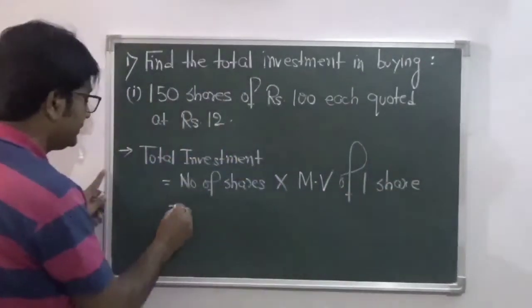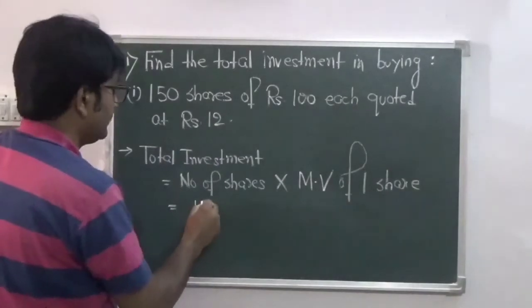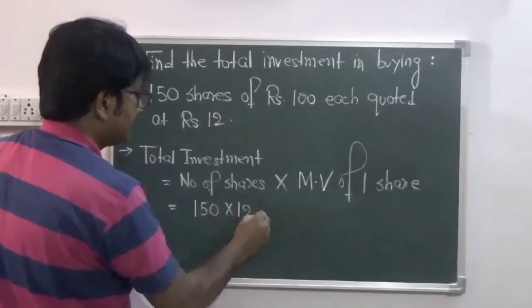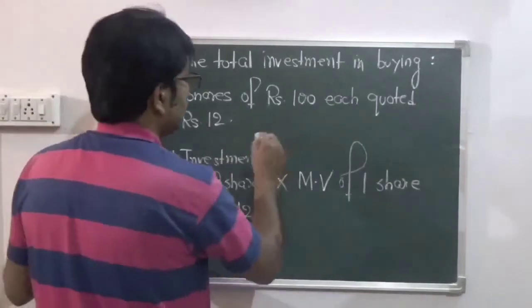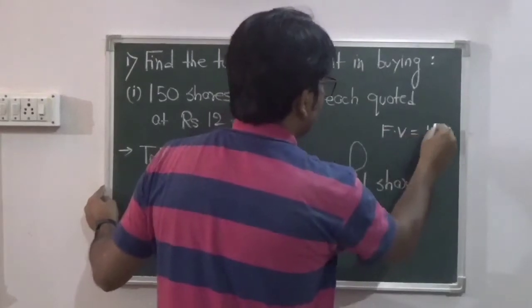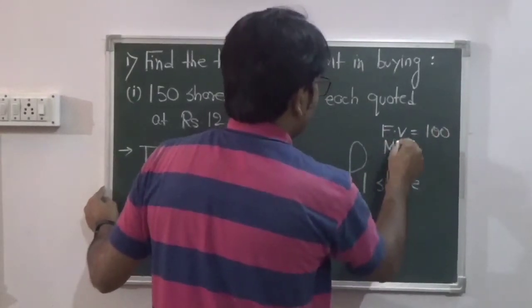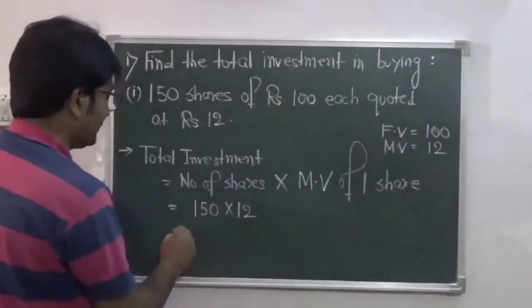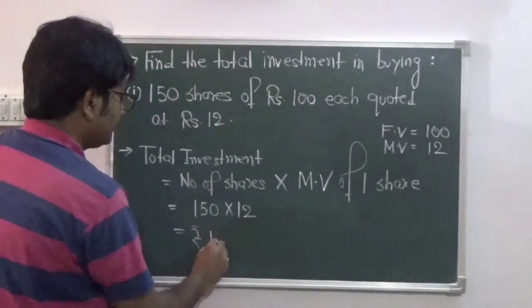The number of shares is given as 150 and the market value is rupees 12. Before solving, just note down here that face value equals rupees 100 and market value is rupees 12. So 150 into 12 is equal to rupees 1800.